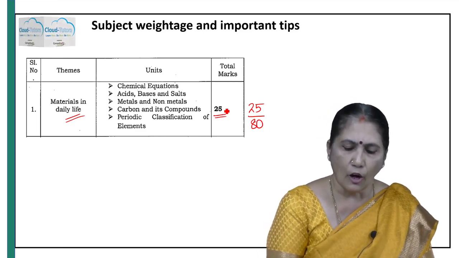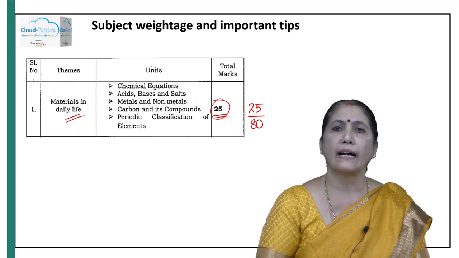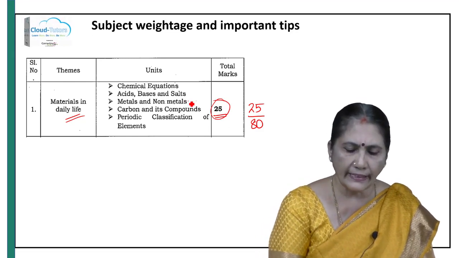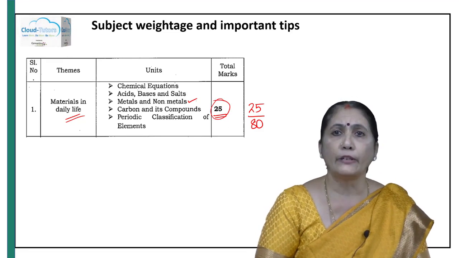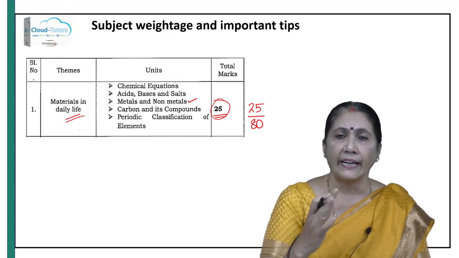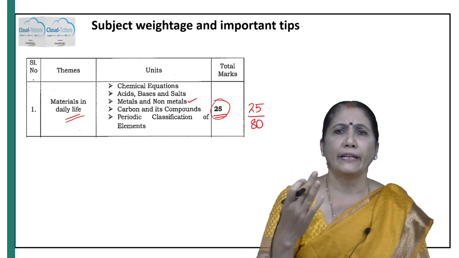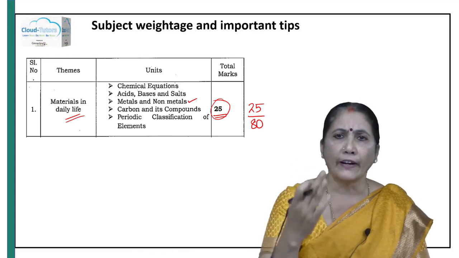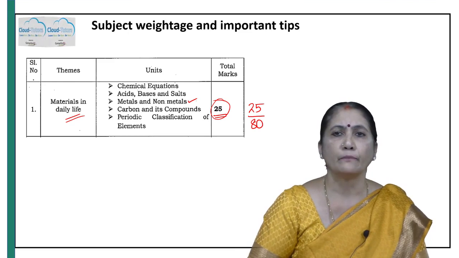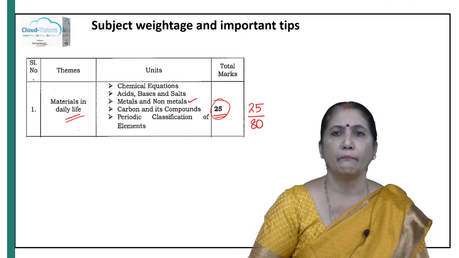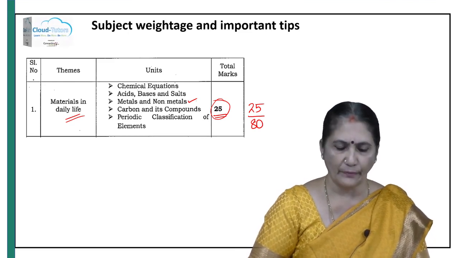But you're going to write 25 marks chemistry. And this third chapter, metals and non-metals, is a very important chapter, and definitely you will be getting nearly 4 to 5 marks questions that will be asked from this chapter, metals and non-metals.